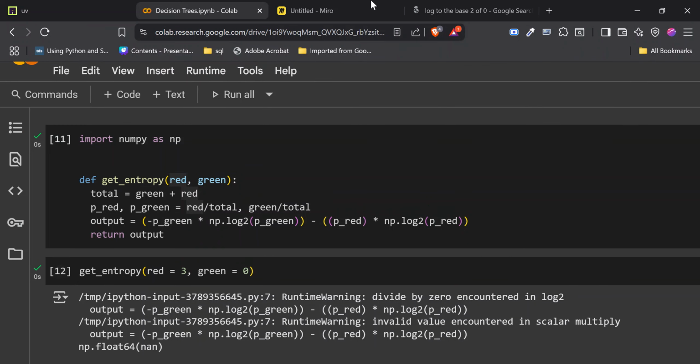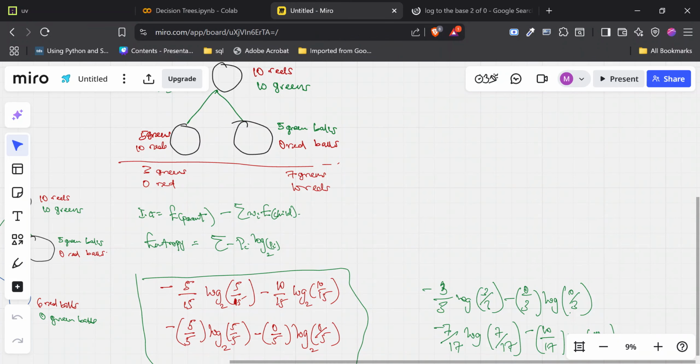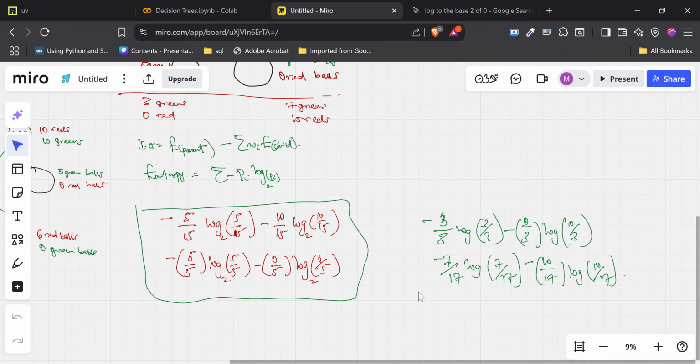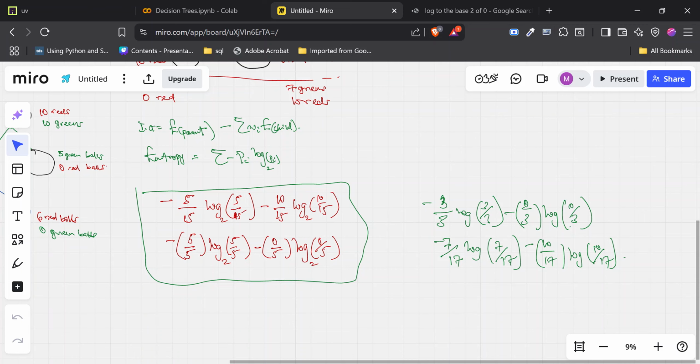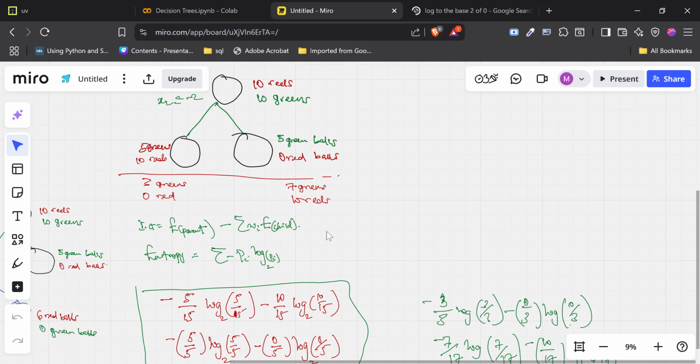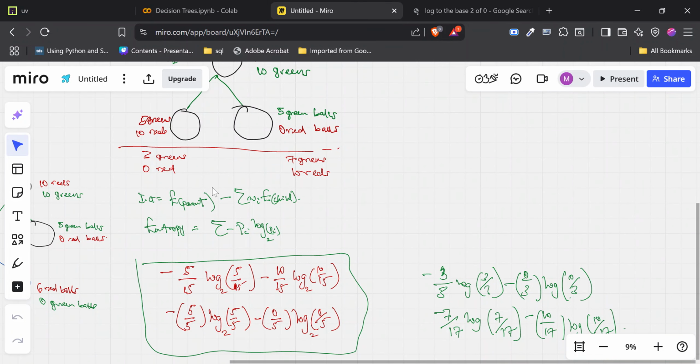Now, if we start plugging in each of these values, in all of these places where we have zeros, we just know that the value of the entropy there is 0.